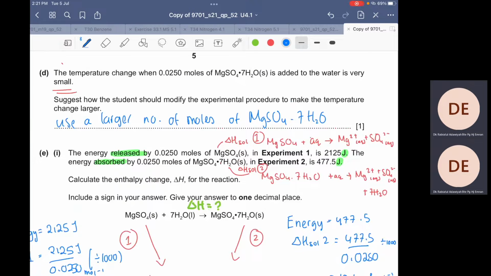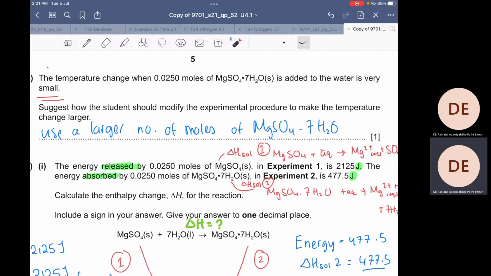Okay, next one, E part 1. So there are a few things that you need to look out for. For experiment 1, the energy is released. So you give out heat. Is it exo or endo? Exo, negative.